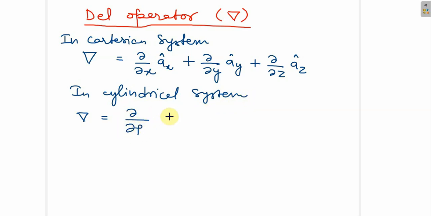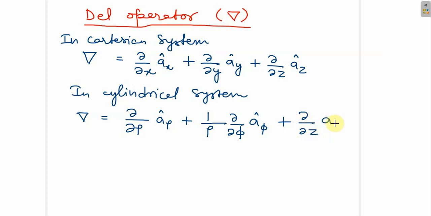So it will be del rho in the direction of a rho, plus, since in the differential length vector we have d rho, d phi, and dz, 1 upon rho del phi, sorry, rho d phi, in the direction of a phi, and plus del z in the direction of az.